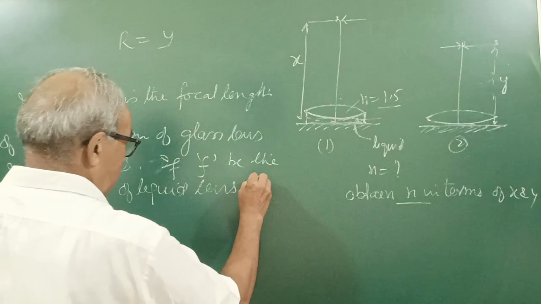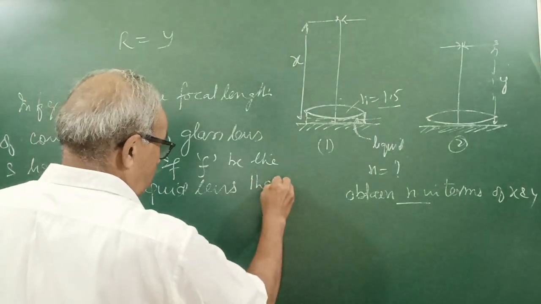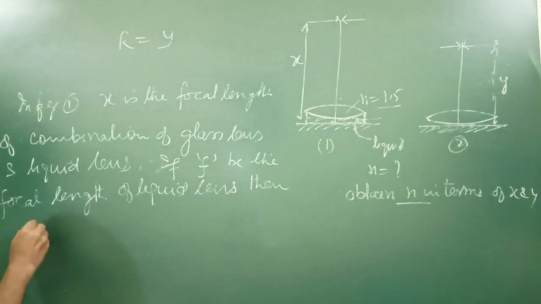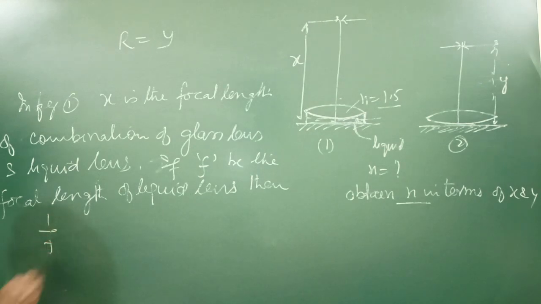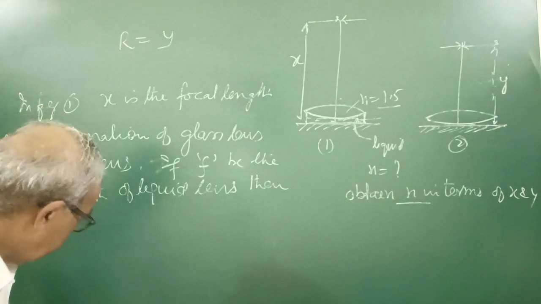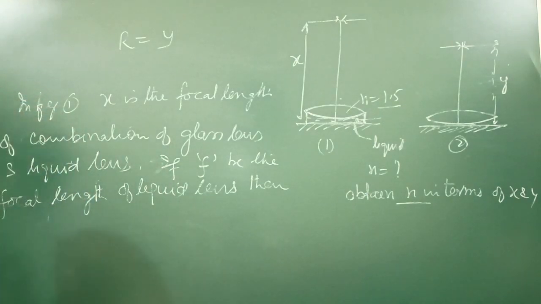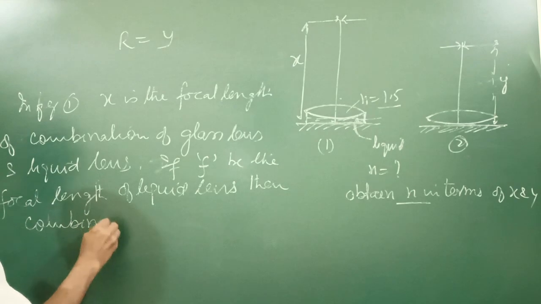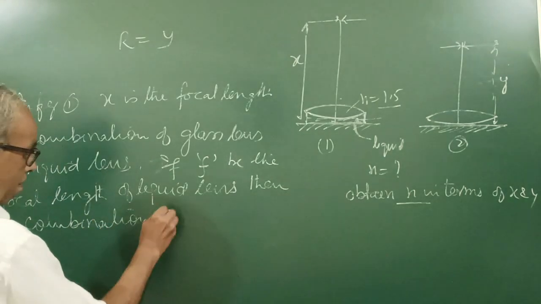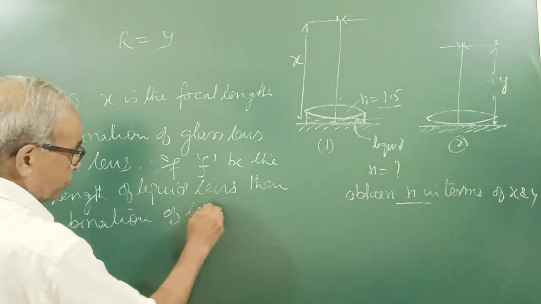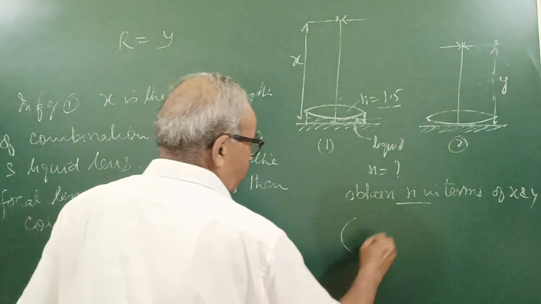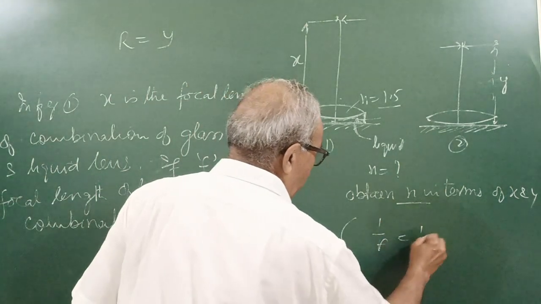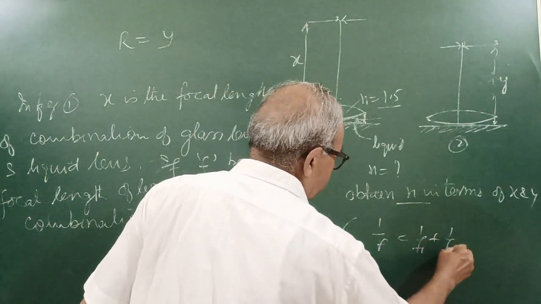Then from the combination of lenses, the equation 1 upon f is equal to 1 upon f1 plus 1 upon f2.